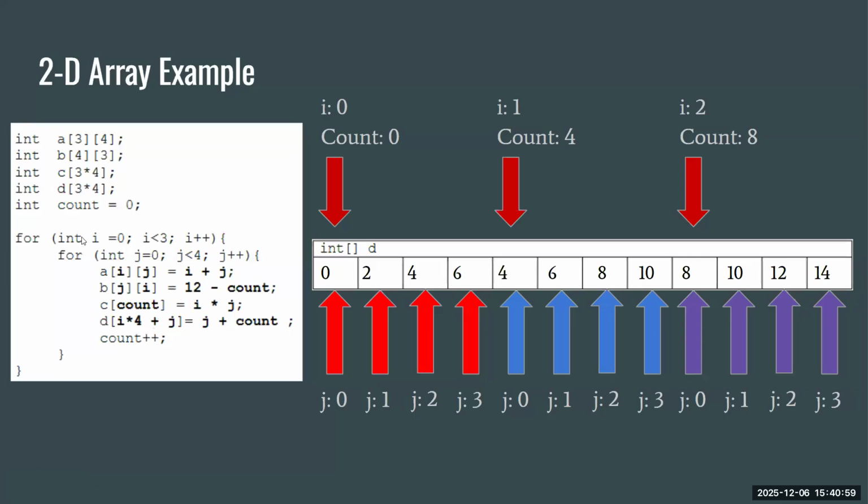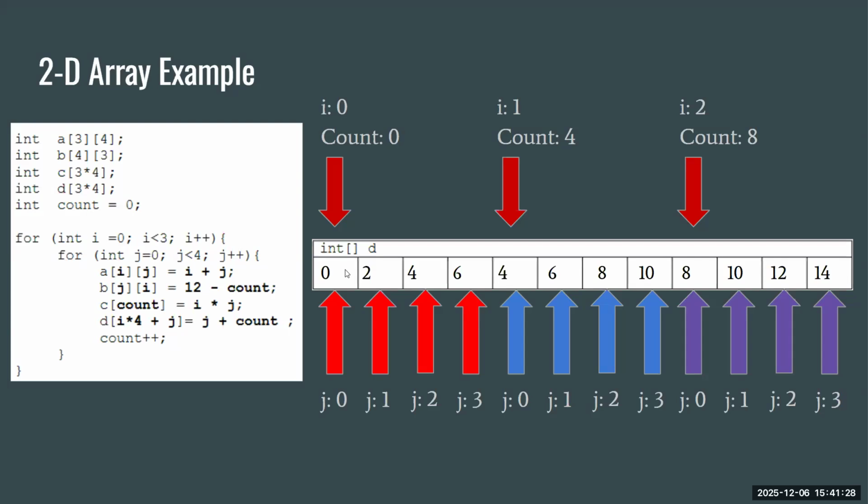For each iteration of the outer loop, i is going to equal 0 for the first outer loop, and then j is going to go through each of its iterations, so 0, 1, 2, 3, and then it's going to increment the outer loop again, so i equals 1, and then j is going to go through its 0, 1, 2, 3, and it's going to set each block of the inner loop.